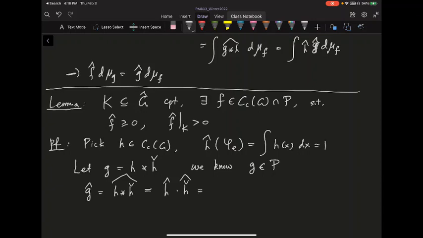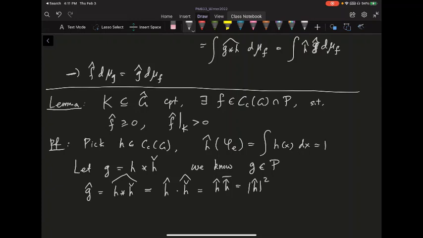But we know that when you do the involution and then the Fourier transform, that's just equal to the conjugation of your Fourier transform. So you have H hat times H hat bar, which is just equal to the whole H hat squared.